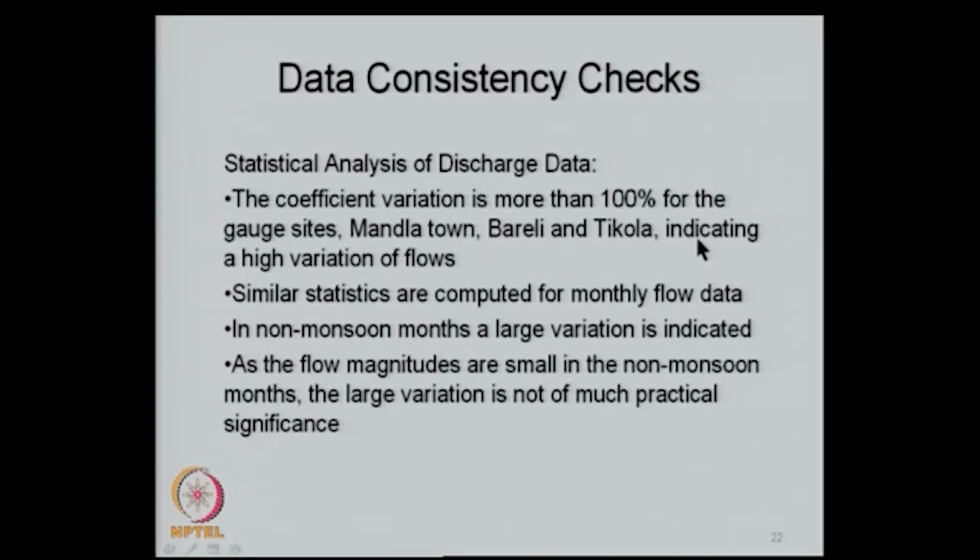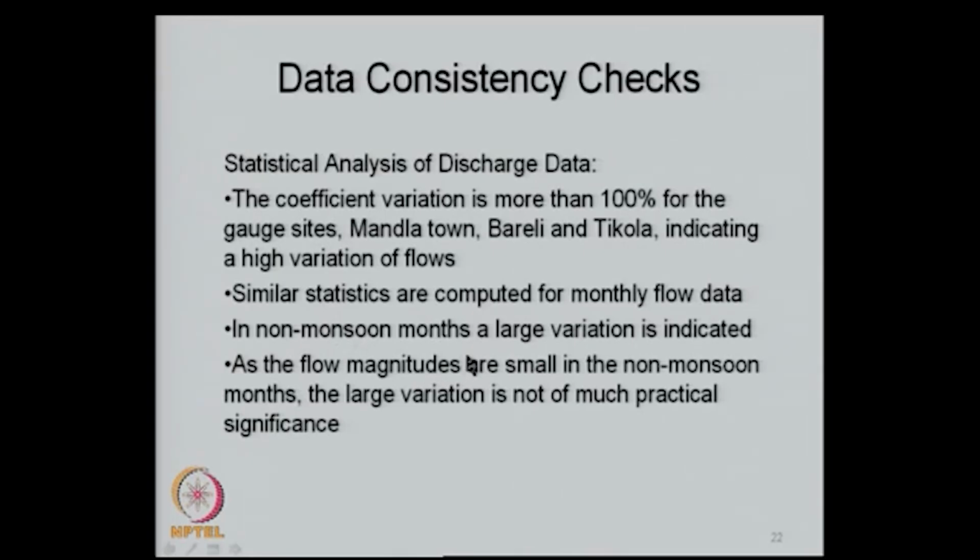Now, the first level of observation is what level of coefficient of variation exists. So, if you have more than 100%, it indicates that the variation of flow is quite high for the daily data. Similarly, you do this for monthly as well as annual data.